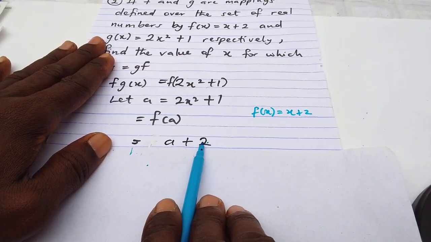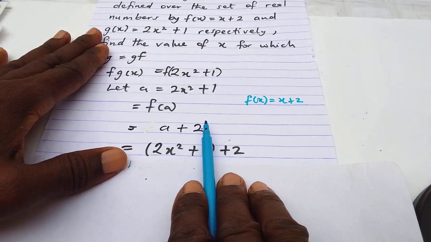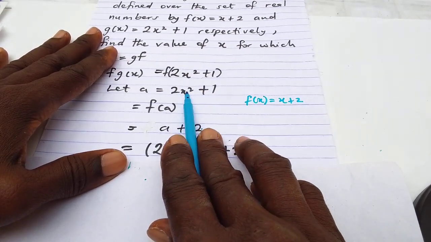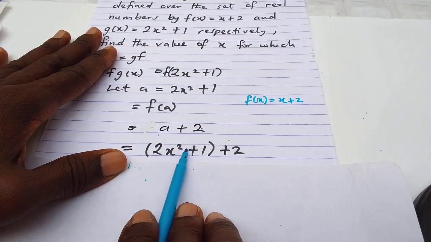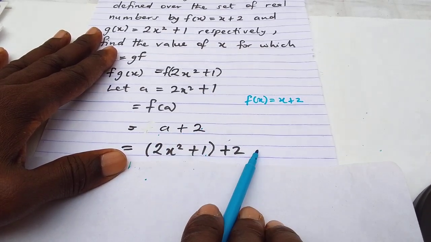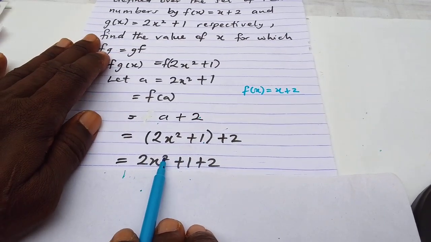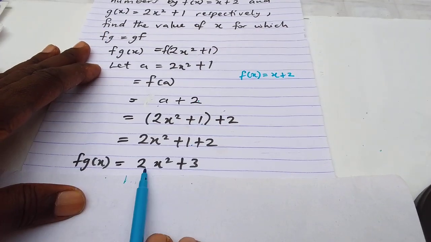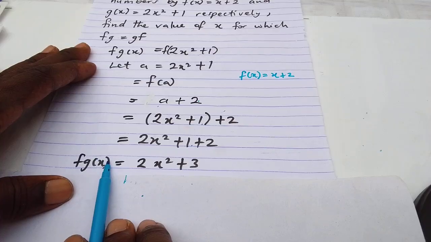Now since my a is already 2x squared plus 1, to be able to get the mapping in terms of x, I'll substitute this 2x squared plus 1 in place of a, so that gives me 2x squared plus 1, then plus this 2. So you simplify from there, you now have 2x squared plus 1 plus 2. So you're having 2x squared plus 3. So that's the mapping of fg of x.